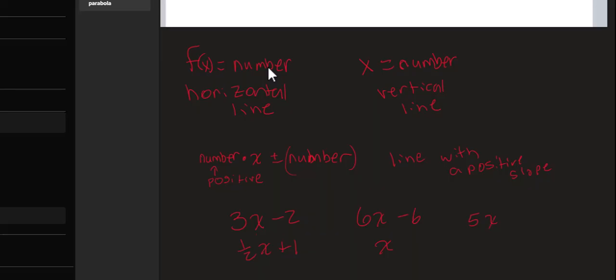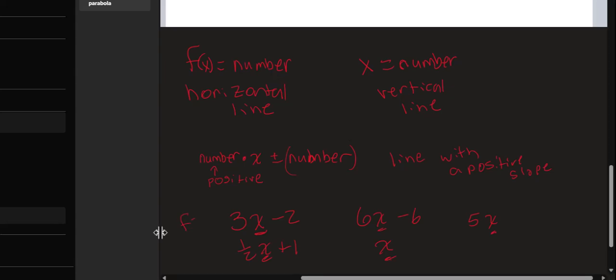All of these have just an x, and the x is positive. They don't have an x squared. They might or might not have a number. Those will be lines with a positive slope. So f of x equals those. Those are lines with a positive slope.